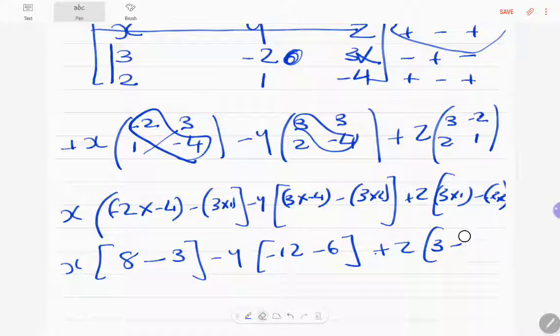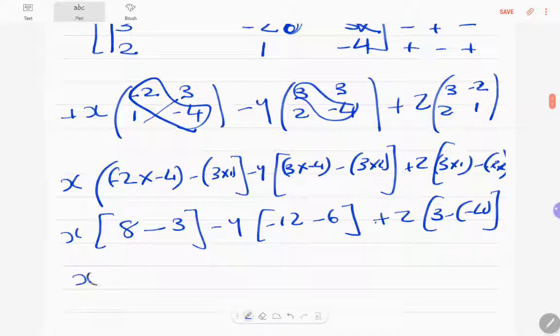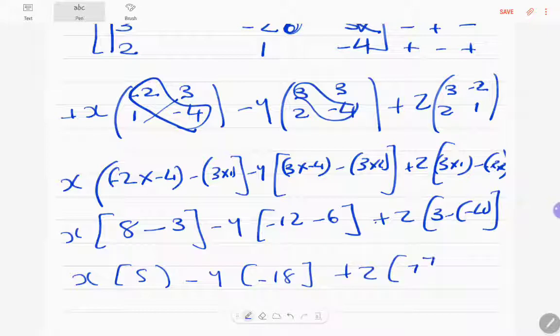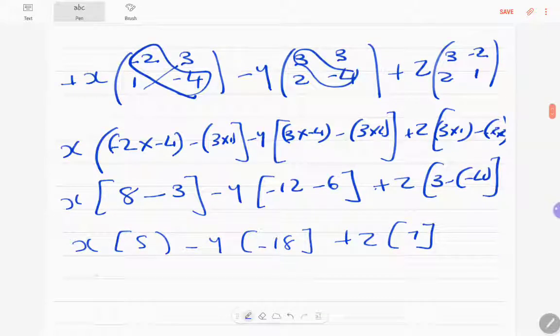So let me write it in a good way. I have x into 5 minus y into minus 18 plus z into 7. My final answer, I have 5x plus 18y plus 7z.